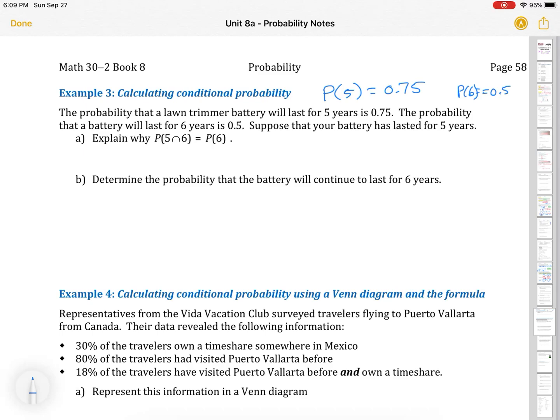Suppose your battery lasted for 5 years. Explain why P(5 and 6) is equal to P(6). Because if it's lasted for 6, it would have had to have lasted for 5.